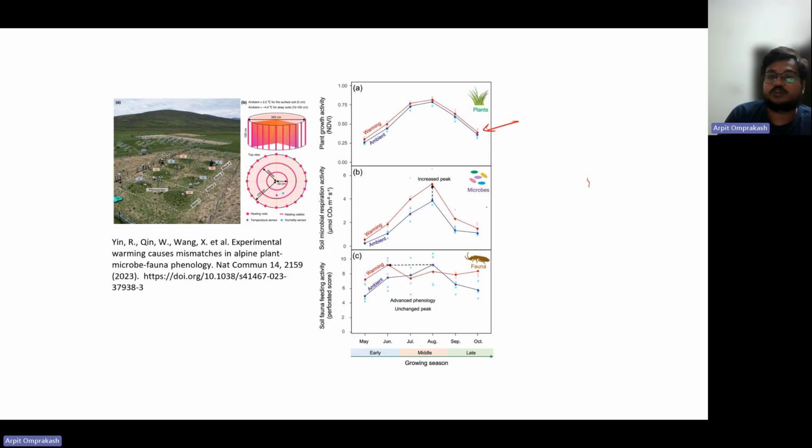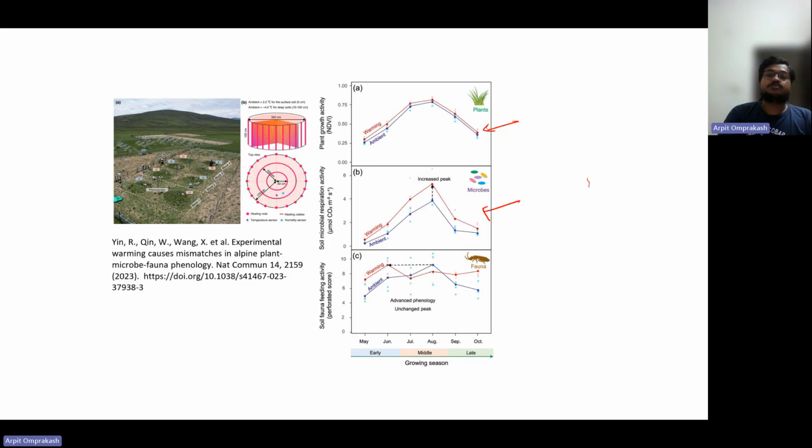Whereas if you look at the microbial activity, there's a higher microbial activity when there is warming, and that makes a lot of sense because we can have higher peaks of activity because temperatures are higher and reactions are faster.